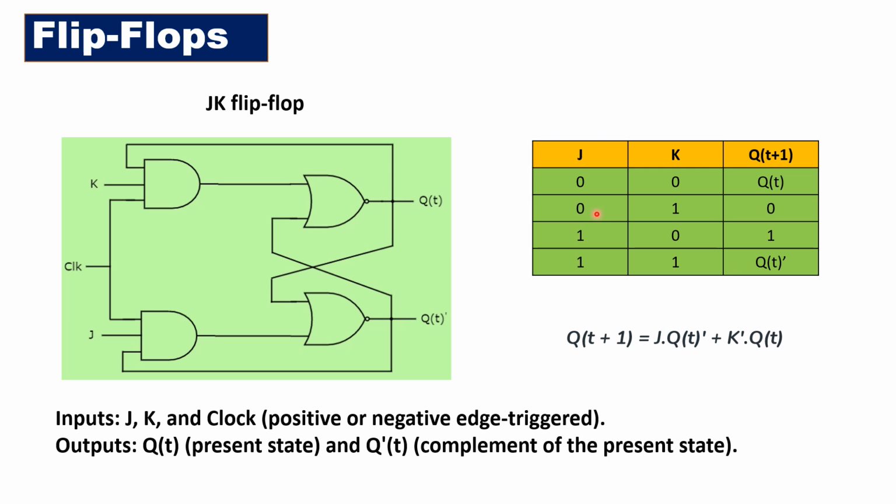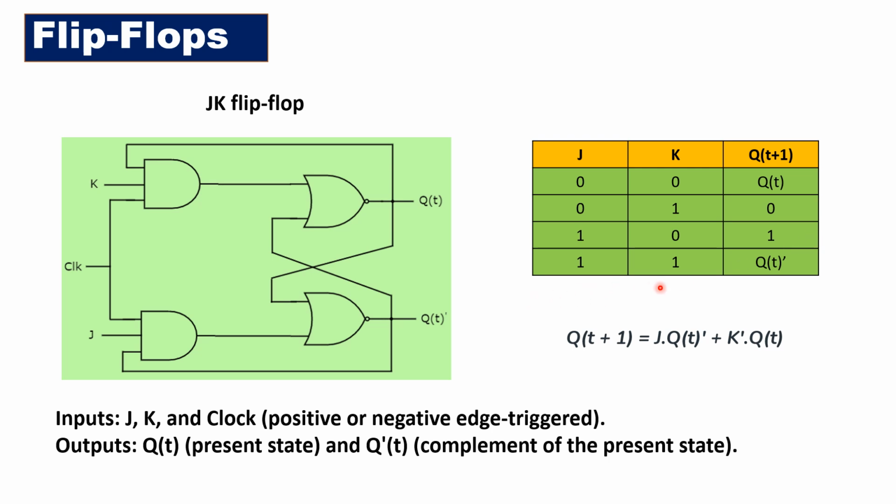When J is equal to 0, K is equal to 1, it is said to be a reset state. The flip-flop resets, setting Q of t plus 1 to 0 regardless of the previous state. When J is equal to 1, K is equal to 0, it is said to be set state. The flip-flop sets, making Q of t plus 1 equal to 1 regardless of Q of t.